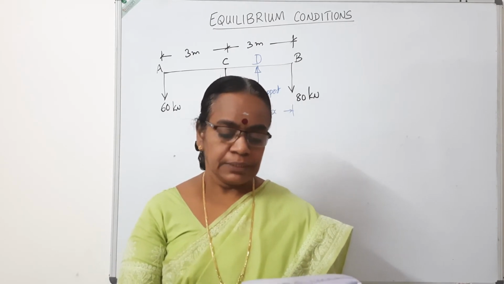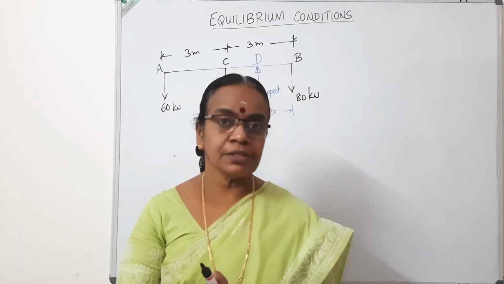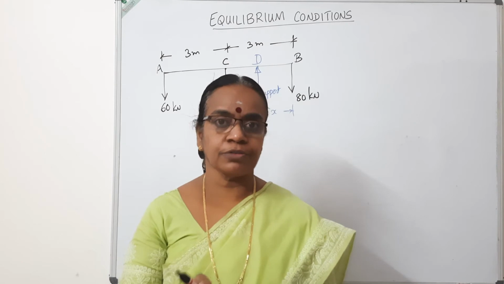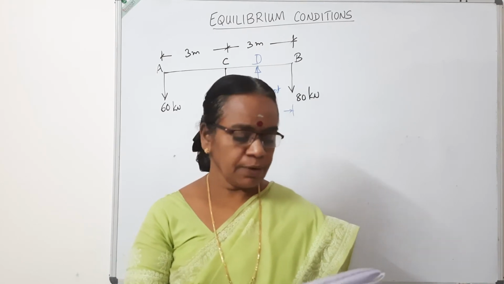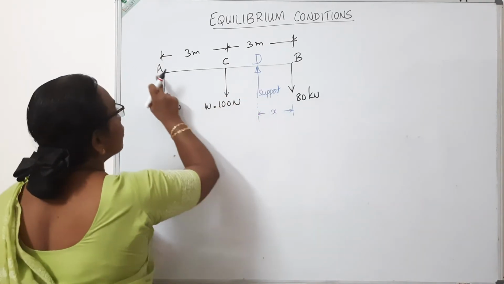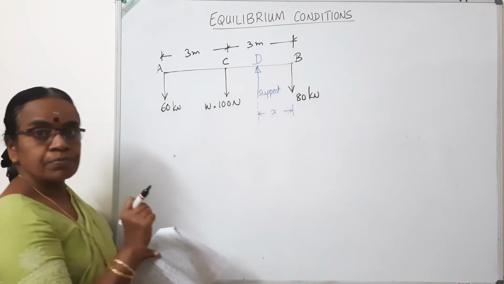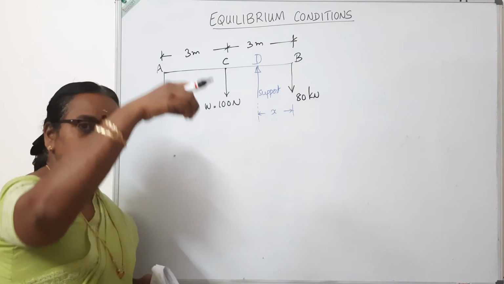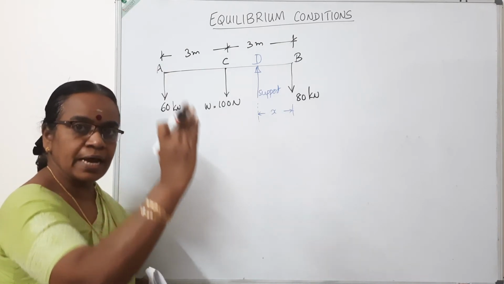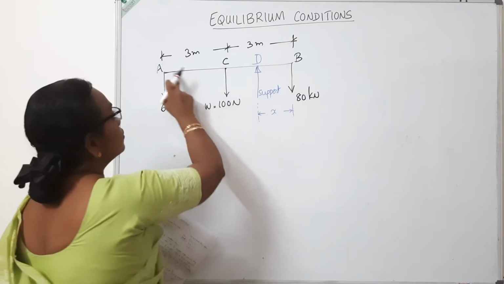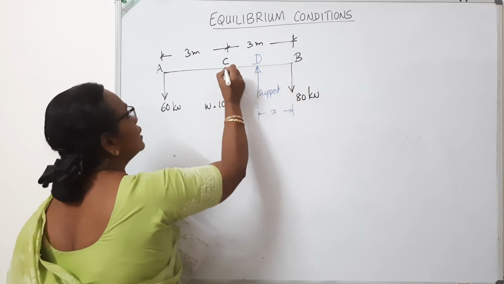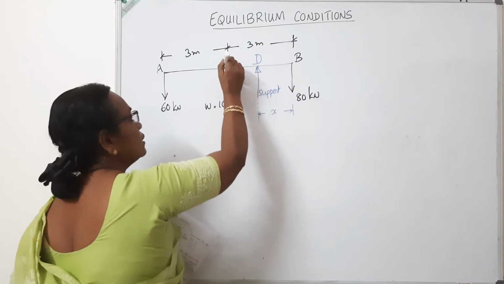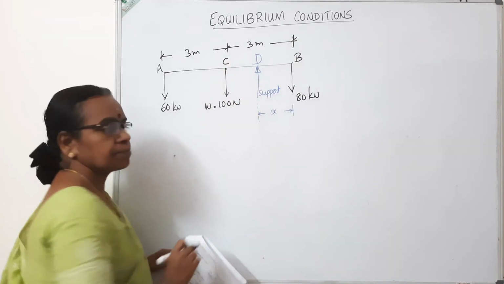At what point should the beam be supported so that it may rest horizontally? So here is a beam of 6 meter length AB, its weight is 100 Newtons. The weight is always acting at the midpoint, vertically downwards. The total length is 6 meters, so at the center, 3 meter, I have marked the weight.